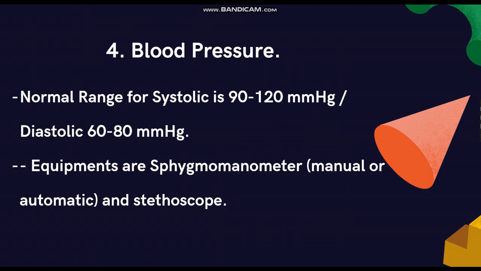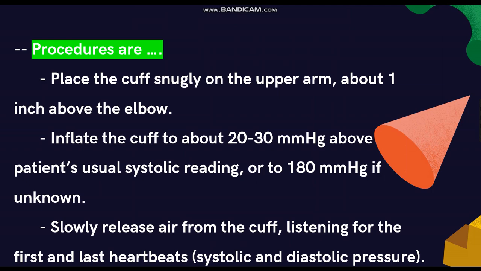Fourth one, blood pressure. Normal range for systolic is 90 to 120 mm of Hg, diastolic 60 to 80 mm of Hg. Equipment: sphygmomanometer and stethoscope. Procedures: place the cuff on the upper arm, 1 inch above the elbow, and inflate the cuff to about 20 to 30 mm of Hg above the patient's usual systolic reading, or to 180 mm of Hg if unknown.